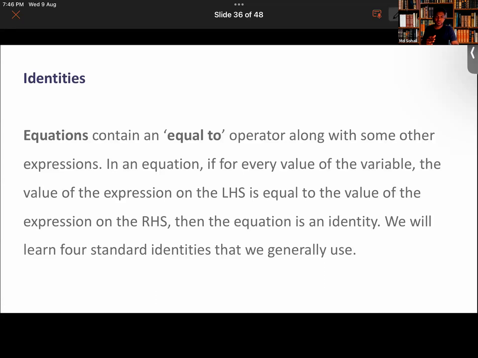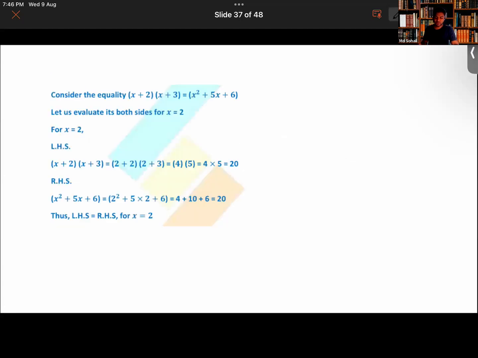In an equation, if for every value of the variable, the value of the expression on the LHS is equal to the value of the expression on the RHS, then the equation is an identity. We will learn basically 4 standard identities. The statement is given here, but it will become more clear once we have a look at an expression here. Getting it?